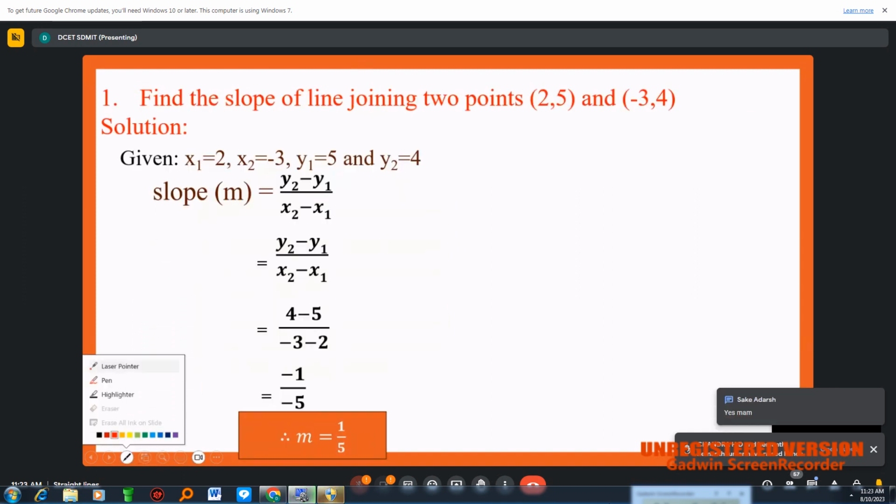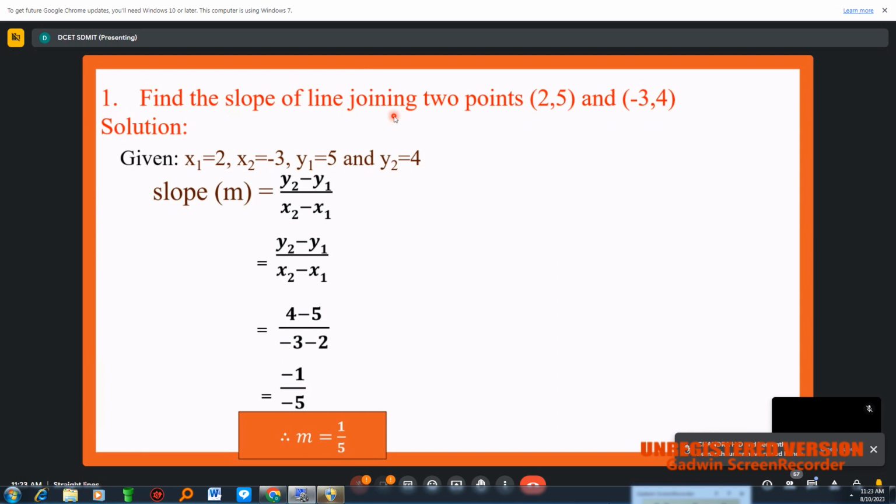So next we have the problem here. Find the slope of the line joining the 2 points, that is 2 comma 5 and minus 3 comma 4. So now they have given the 2 points, we have to find the slope. How to find the slope? The formula is y2 minus y1 divided by x2 minus x1.